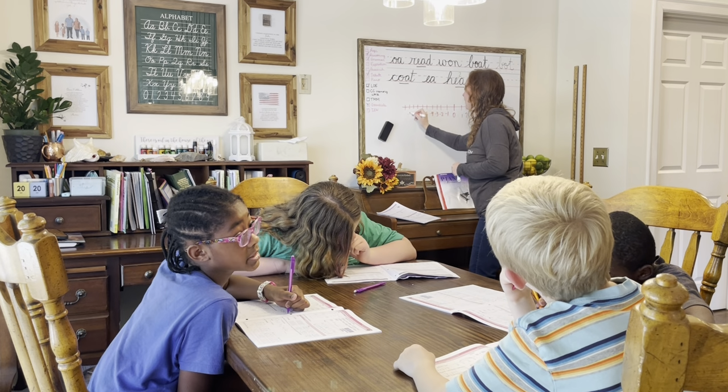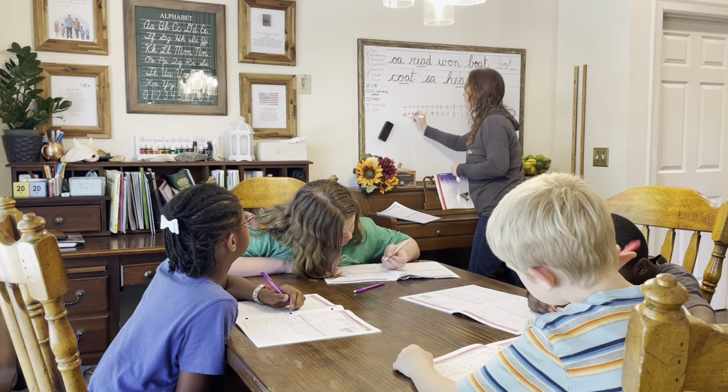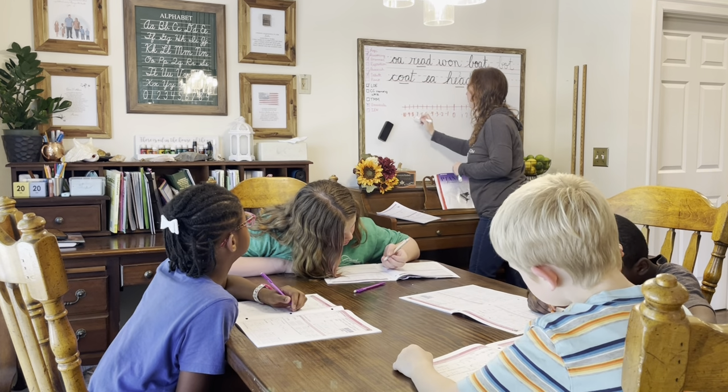So where are we starting? What do we start with? Not negative 3, no. We're starting with 3, and then we're doing what? Going to 8. We're adding or subtracting? Subtracting.